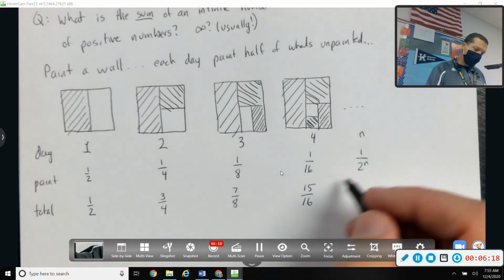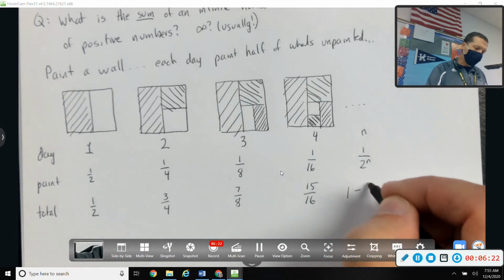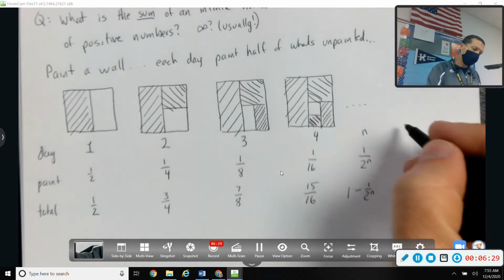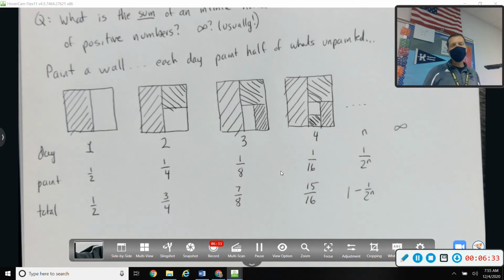And if we follow the pattern, that means our total would be 1 minus whatever we painted that day. Now here's where things get a little bit weird. At the infinite day, which you would never get there, right? At the infinite day, how much of the wall would you paint?